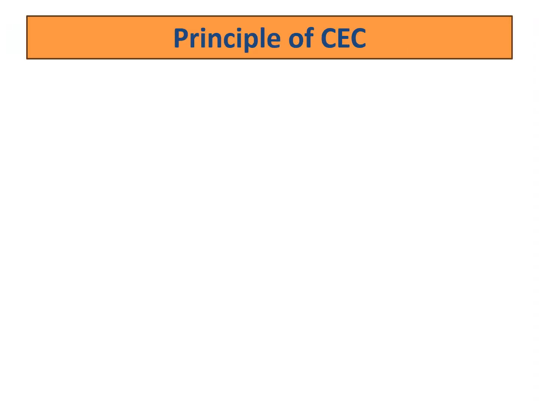To understand CEC at work, imagine negatively charged clay particles surrounded by nutrient cations. These cations aren't glued permanently. They are weakly held by electrostatic forces, meaning they can be exchanged.